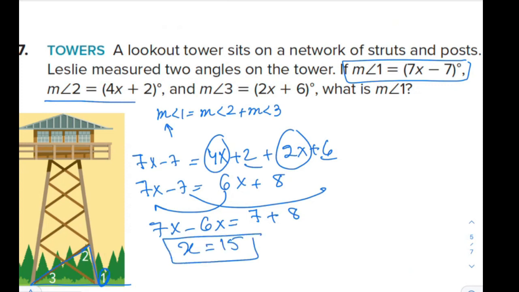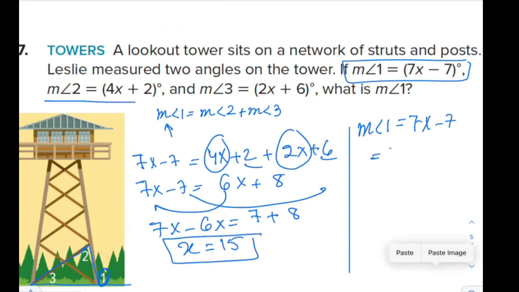Now x is found. So what is measure of angle 1? Measure of angle 1 is given as 7x minus 7. So you will replace x by 15, the value that I have here. 7 times 15 minus 7, which is 98.